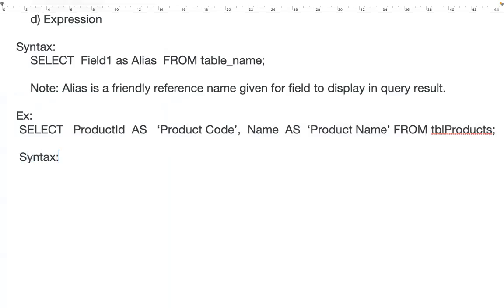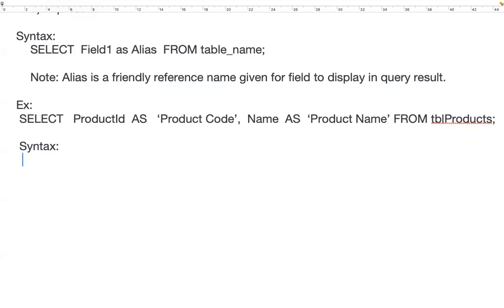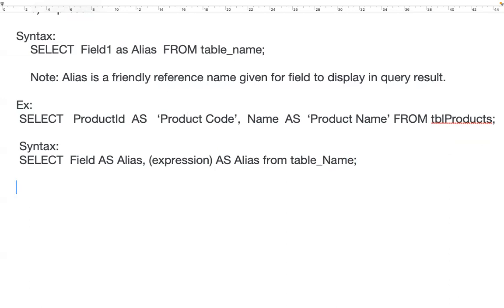So the syntax here is select field as alias and expression as again alias from table name.